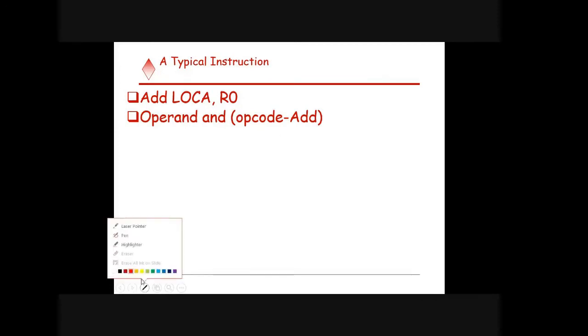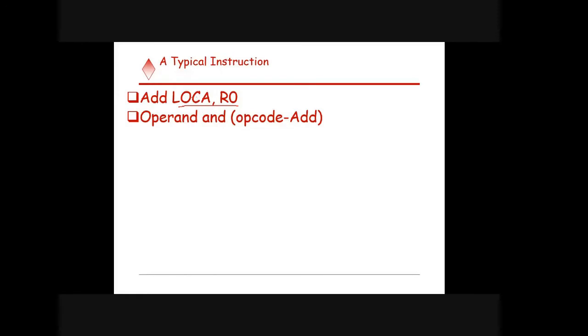So ADD LOC A, R0 is an instruction, and every instruction has two different parts: one is the opcode and the second one is the operand. The opcode means what operation the instruction is asking to do. The operation here is addition, so the opcode is ADD. And what are the operands, the data present inside the instruction? That is location A and R0. Location A is an address like 2000 or 3000, some address.